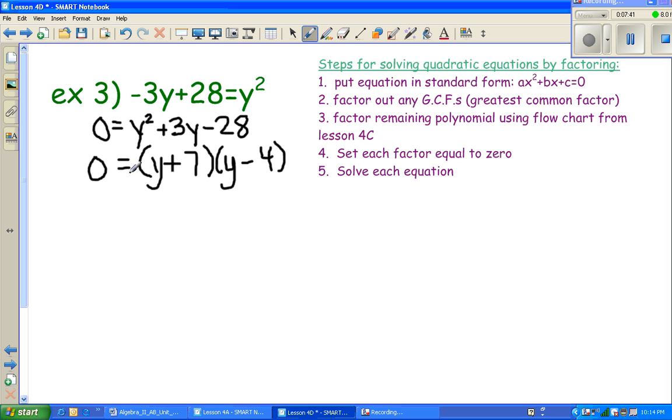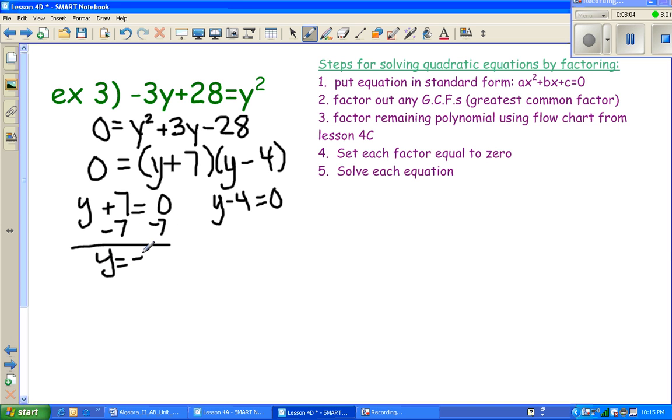Okay, so we factored completely. Take each factor, set it equal to 0, and solve accordingly. So we're going to subtract 7. y equals negative 7.